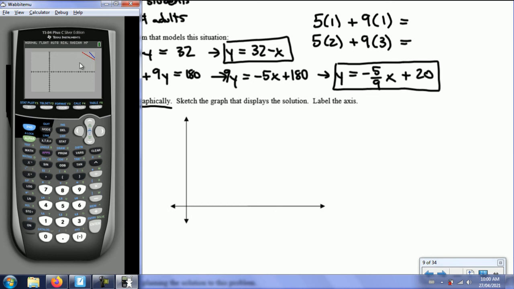Sometimes you graph it and it's just a blank screen, so you've got to try to figure out where to go. It looks like if I bump this up quite a bit and bump this to the right quite a bit, I might be able to see where these 2 lines intersect more clearly. So let's bump the y max up. The y-intercept there is 32, the y-intercept there is 20.